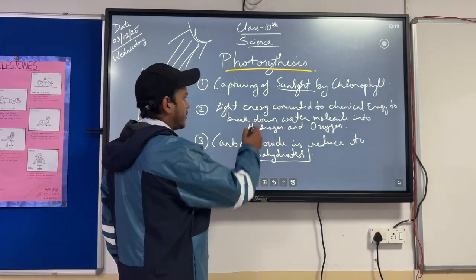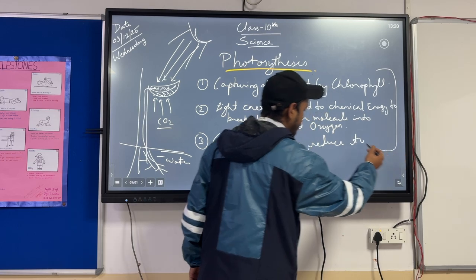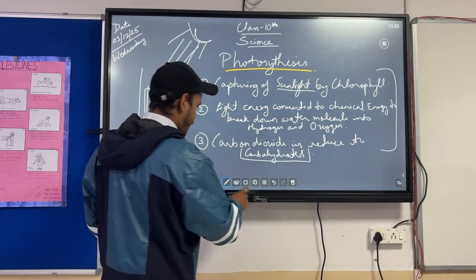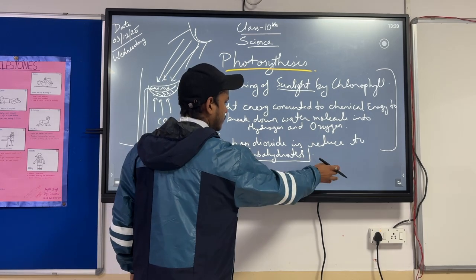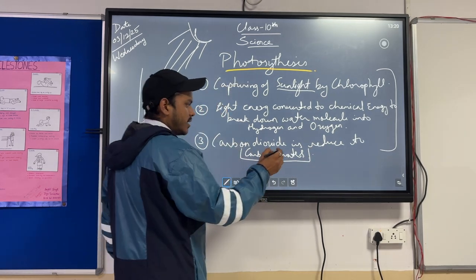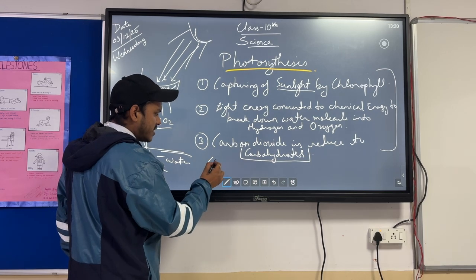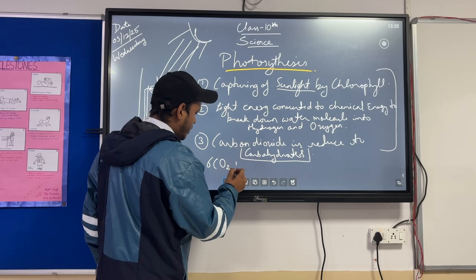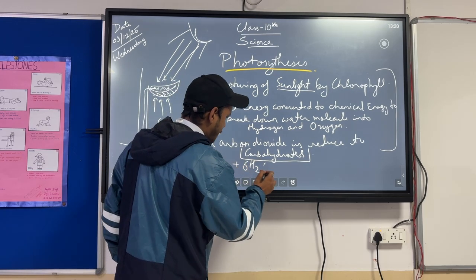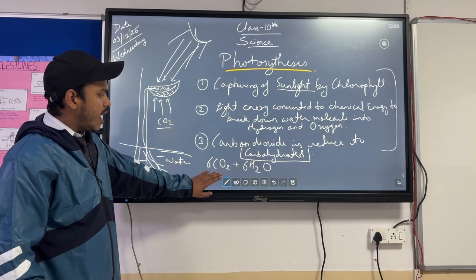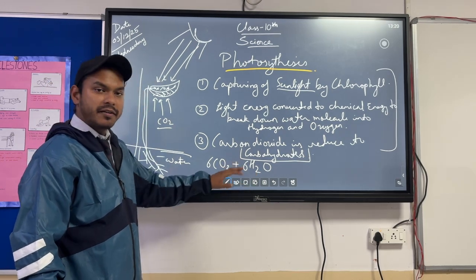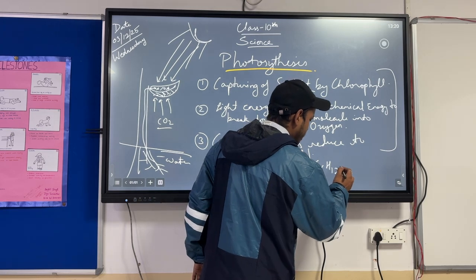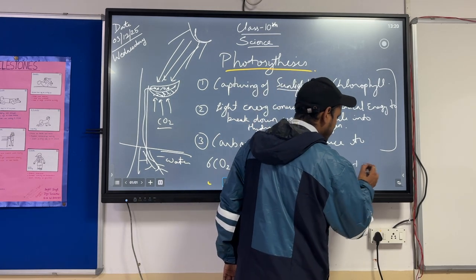And this whole process is represented by an equation, which is known as the equation of photosynthesis, which I will tell you. 6 CO2 plus 6 H2O, carbon dioxide and water, react to give C6H12O6 plus oxygen.